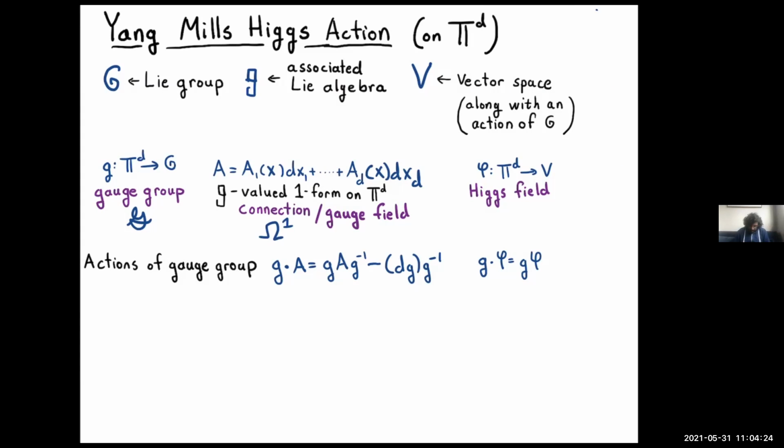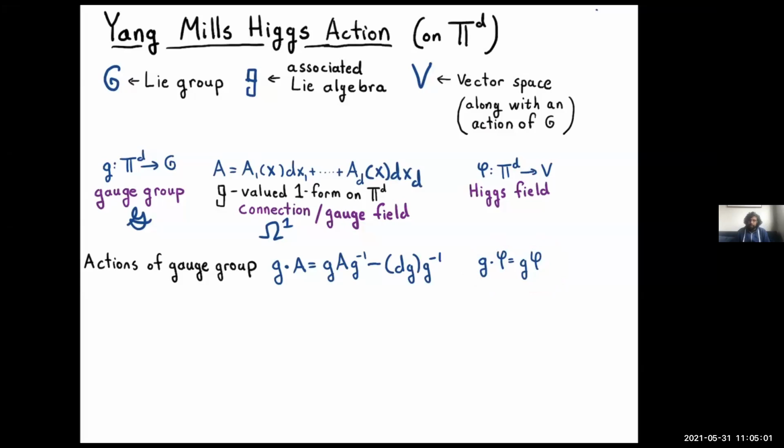So this is all well defined. But then we have a second term here, minus dg g inverse. Here g lives in the Lie group, and d is the exterior derivative. If I differentiate something that takes values in the group and then pull it back to the origin, I am looking at, again, a 1-form that takes values in the Lie algebra. And then the action on the Higgs field is just pointwise like this.